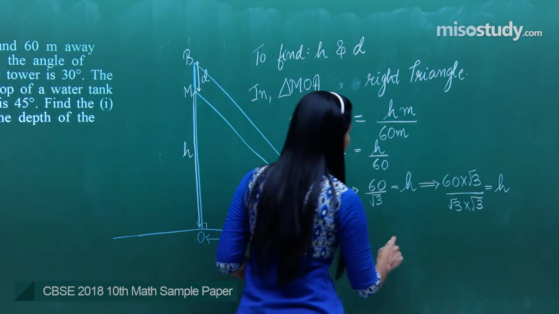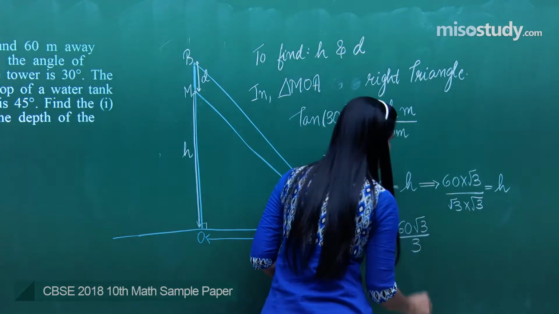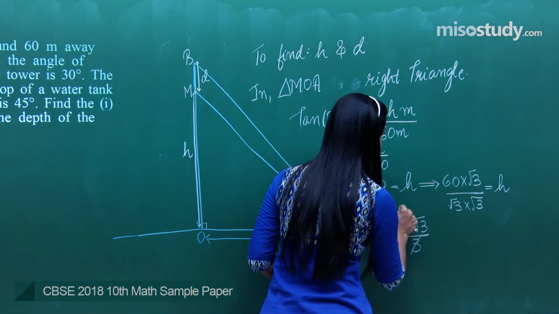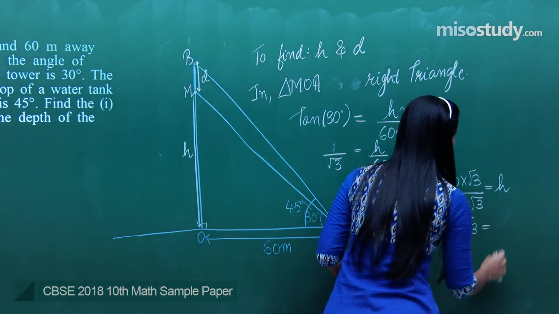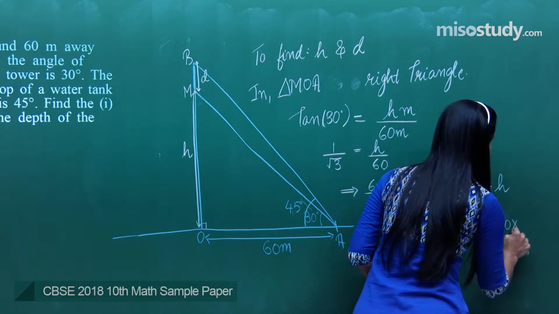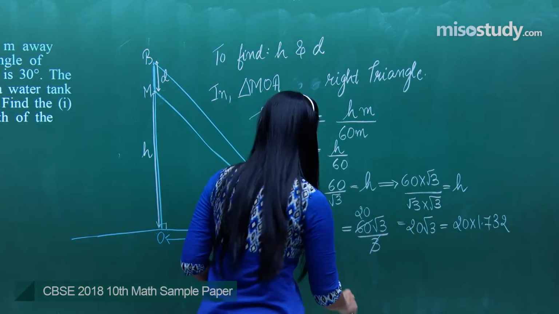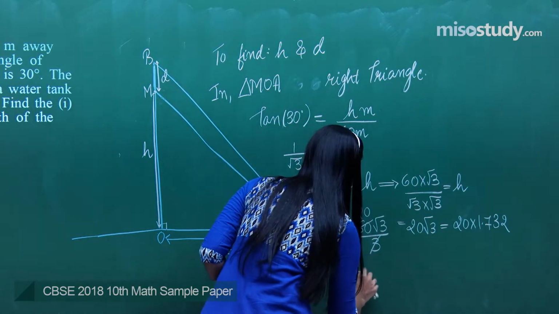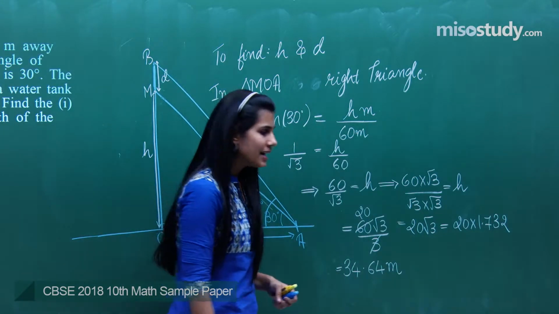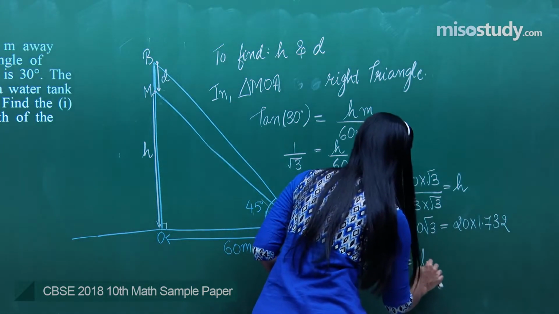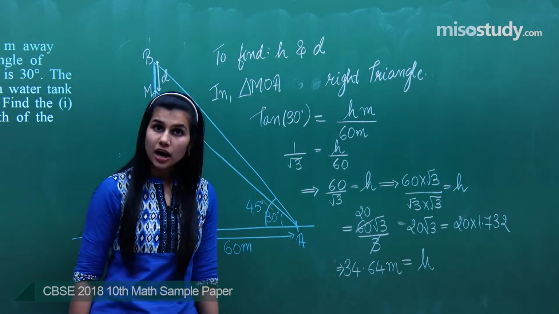The moment you have this, you are left with 60 root 3 upon 3, which makes it 20 root 3, which is 20 into 1.732, which eventually gives you 34.64 meters as your height of the tower.